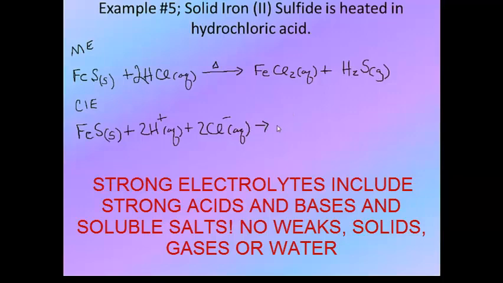Iron chloride is a soluble salt based on the chloride, and it has a subscript for the chloride, so that only applies to the chloride. Beg your pardon. I'm starting to get a little tongue-tied here.